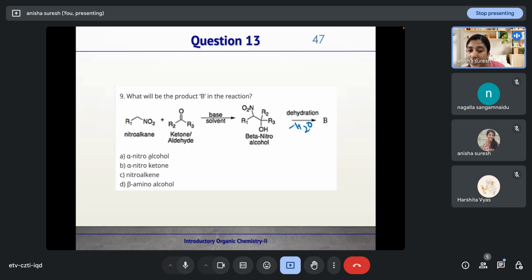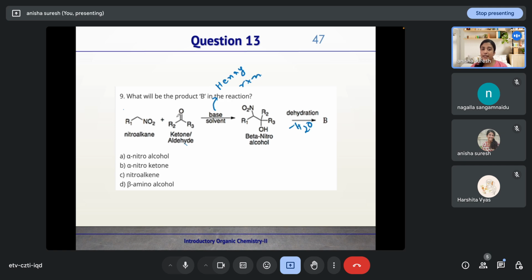Is it an alpha nitroalcohol, alpha nitroketone, nitroalkene, or a beta amino alcohol? Before that, the first step is a name reaction. What is that name reaction? Henry reaction. Yes, this is the Henry reaction.